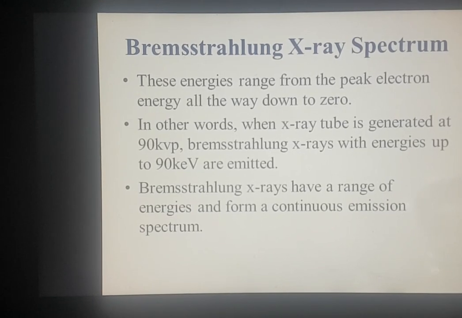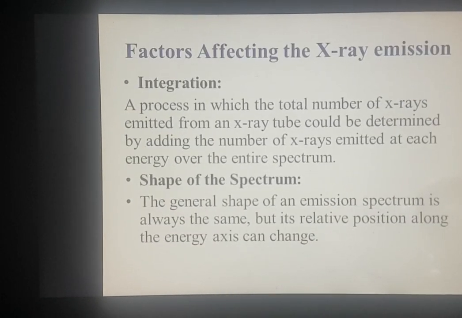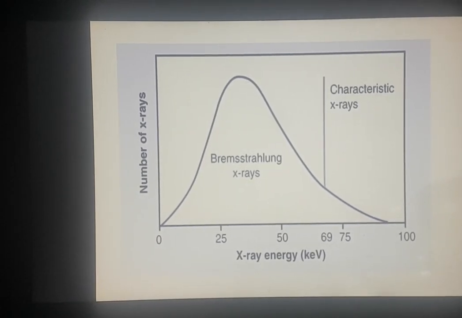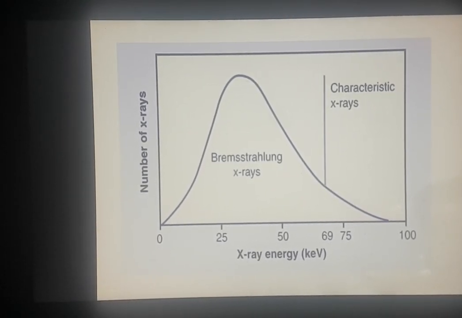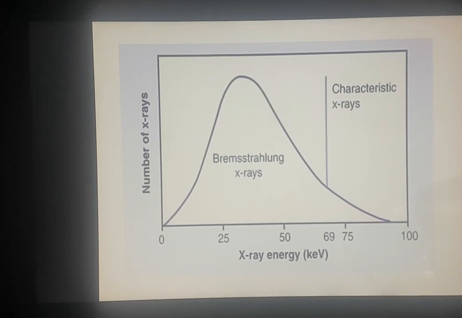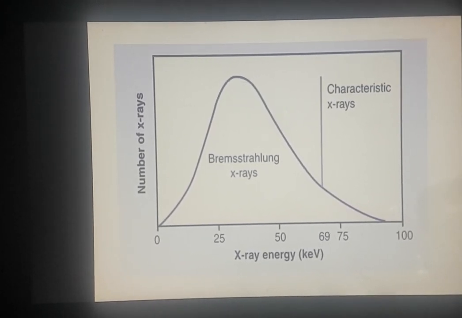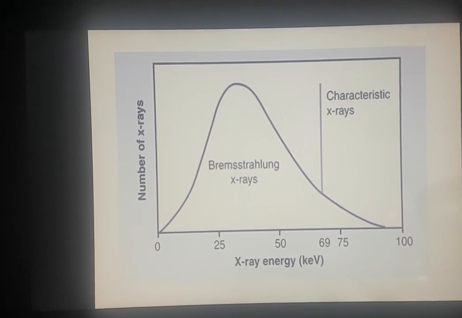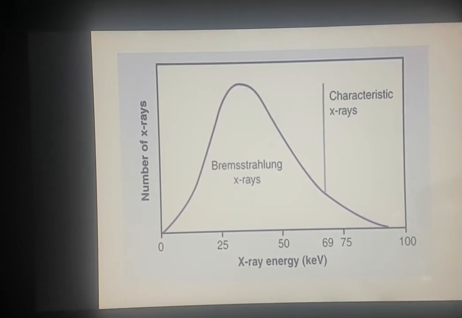We can see in this image that the range for Bremsstrahlung X-rays is from 0 to 70 kilo electron volt, and beyond 70 kilo electron volt there is an increased probability of characteristic X-ray emission.